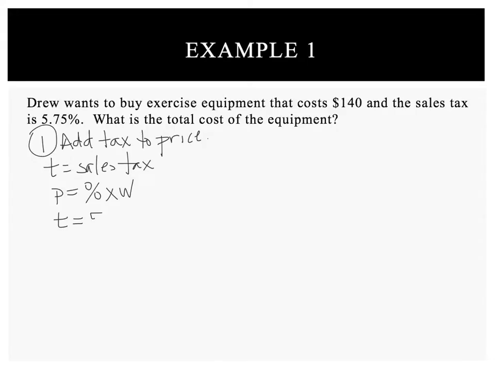T equals 5.75% times our whole, which is $140. Well, if you remember, we have to move that decimal over two places, 1, 2, and I fill it in with a 0. So we get T equals 0.0575 times 140.